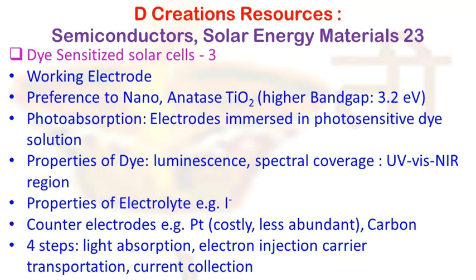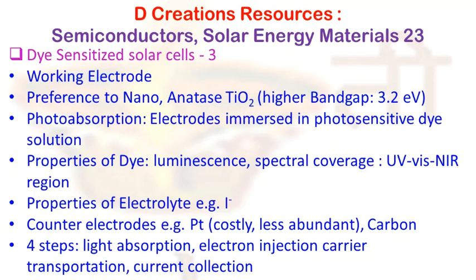Also, the absorption spectra of an electrolyte should not overlap with the absorption spectra of a dye, for obvious reasons. So which are preferred electrolytes? I minus or I3 minus based on iodine are preferred, and they are highly efficient electrolytes. Of course, ionic liquids have their own drawbacks, and in order to avoid that, even solid state electrolytes are developed.